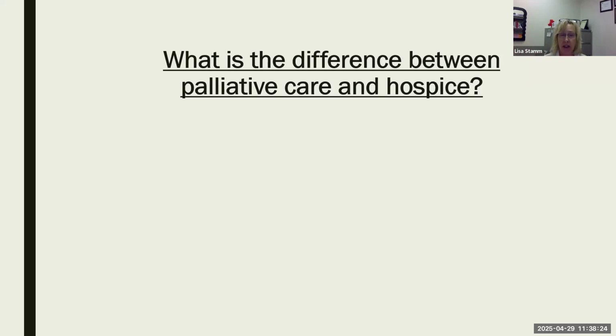Many times with hospice care, too, they will not do things to actively treat chronic diseases that they have. So, for example, if a patient has diabetes, if they go into hospice care, they won't treat the diabetes. They will just let death naturally occur in the body because a lot of the medications that they take can actually cause the patient to be very uncomfortable if they're taking them through that dying process.